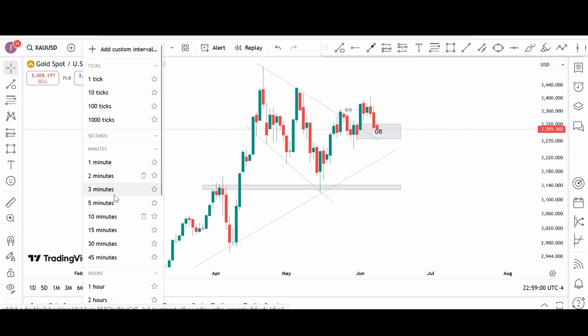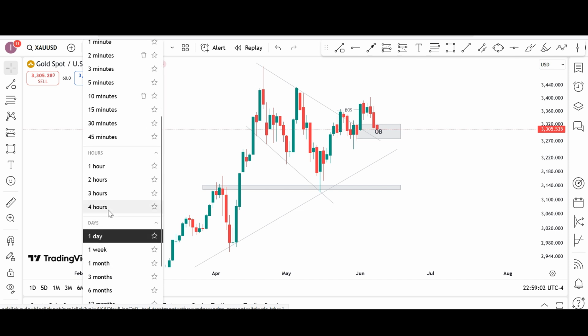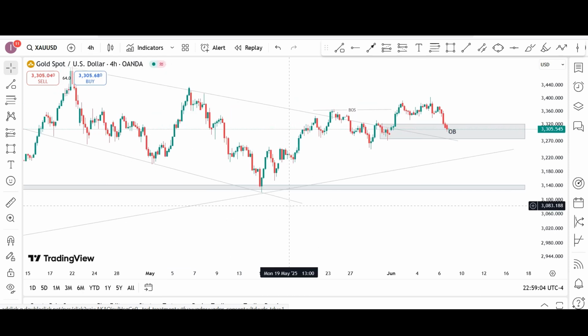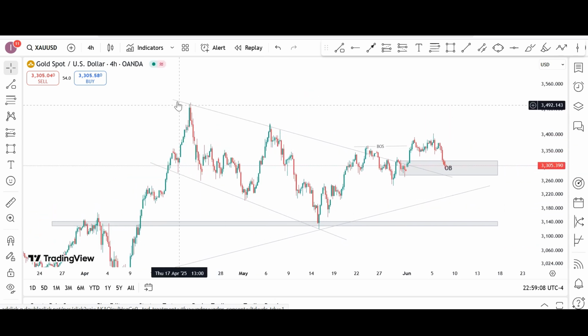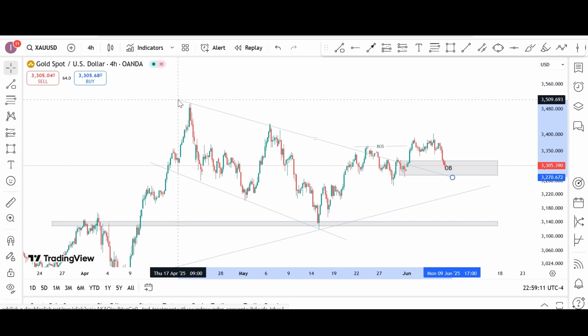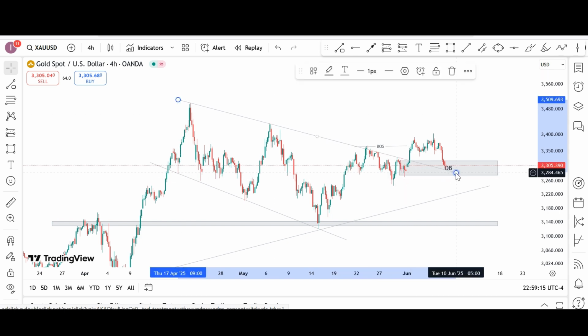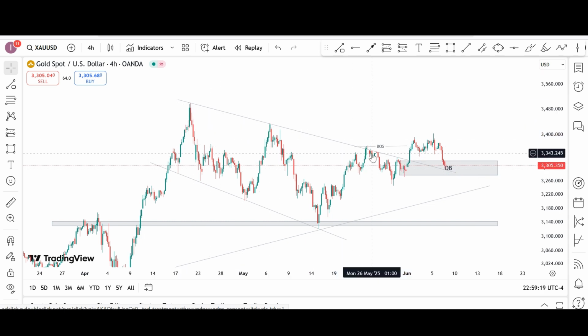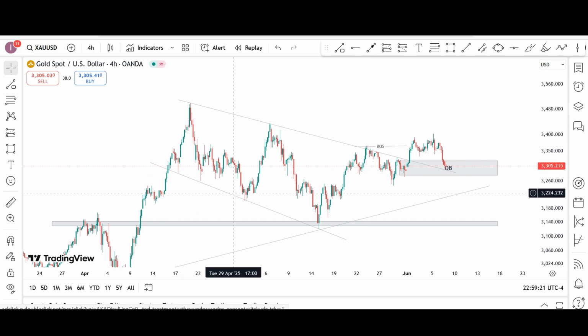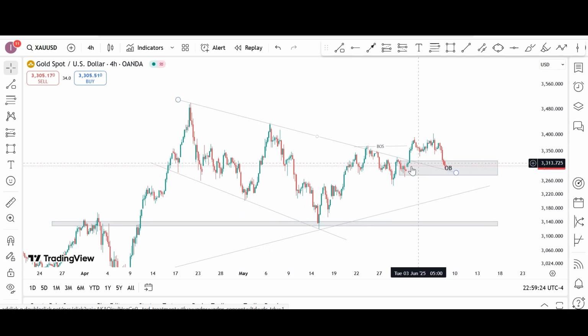Let's check something on 4 hours time frame. You really need to pay attention to this, and I will explain it. I hope you guys will understand what I'm talking about. So we have this resistance trend line, support, price breaks through it, comes back to make a retest, which is what everybody is expecting.